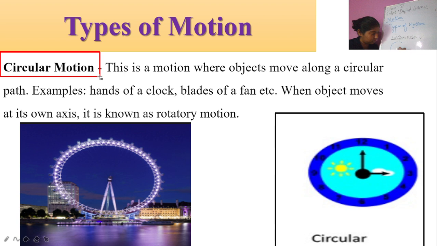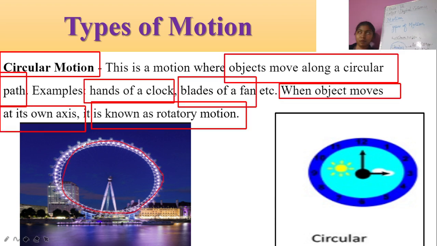So that way you can find out that it is in a circular motion. A clock also moves in a circular motion 24 hours every day. So that is when we can say it is in a circular motion.